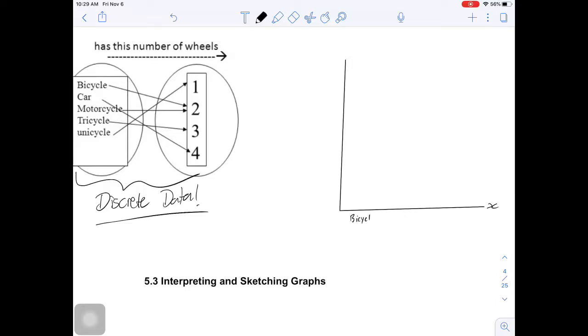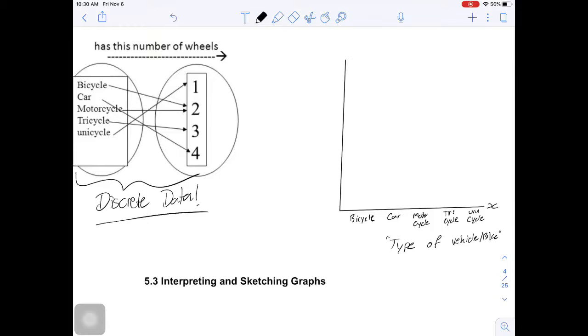So bicycle, then I have a car, I have a motorcycle, I have a tricycle, and then I have a unicycle. Here I still need to label what this is. So this is type of vehicle / bike. And these have no units.